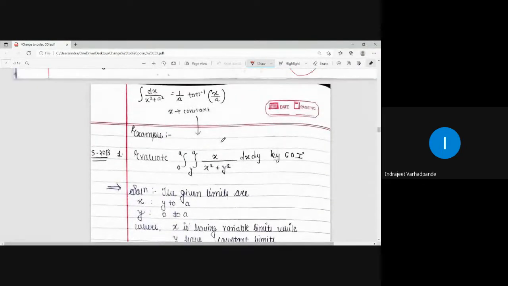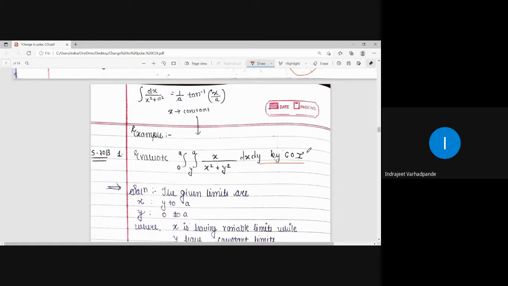The very first example wherein we will be asked to simplify by using change of order of integration, COI, means change of order of integration. Now in an objective type of question, we will not be interested in obtaining the complete integral, only in interpreting the region and finding the new limits.